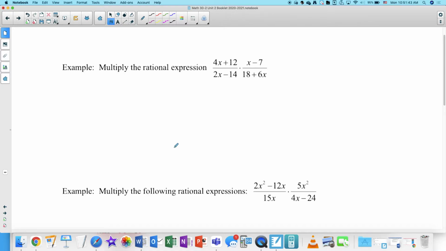Yes, so we can take out a greatest common factor of 4. Okay? And then what about the denominator? Can I factor that? Yep. Okay, how does that one factor? 2, greatest common factor of 2, right?